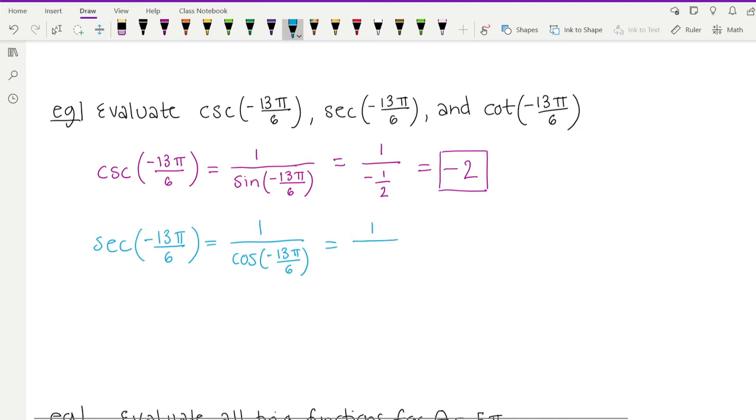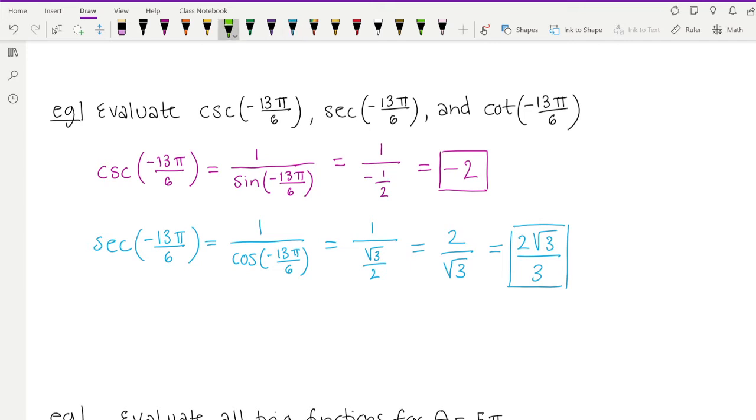So that's 1 over square root of 3 over 2, which is the same thing as 2 over the square root of 3. So literally just flipping over the result that we got for cosine. And then as we've been doing, we can rationalize this denominator by multiplying by square root of 3 over square root of 3. As I've said, that really is optional. I don't mind if you just leave it unrationalized, but it's a little bit more typical to rationalize the denominator, and that's why I do it.